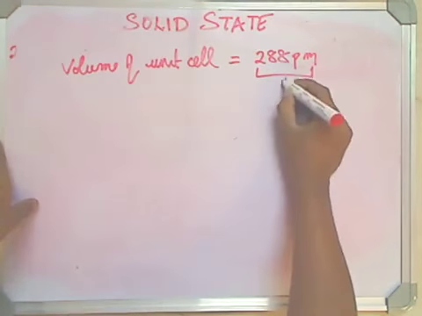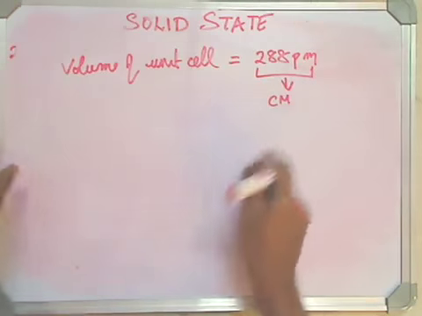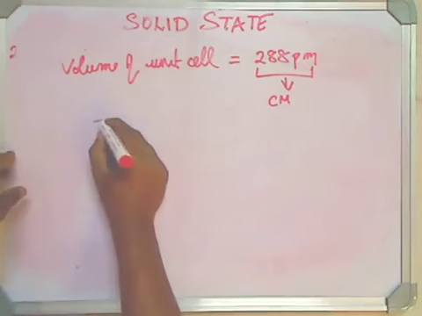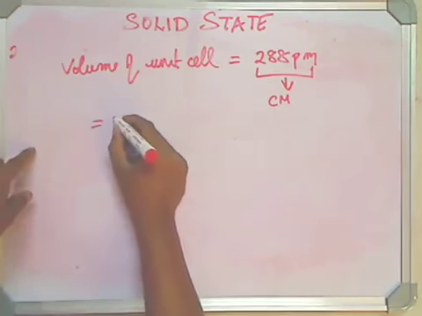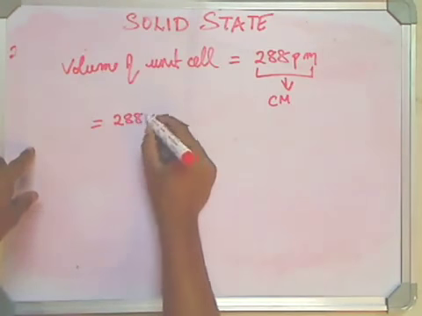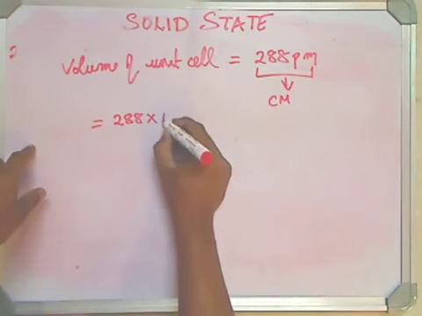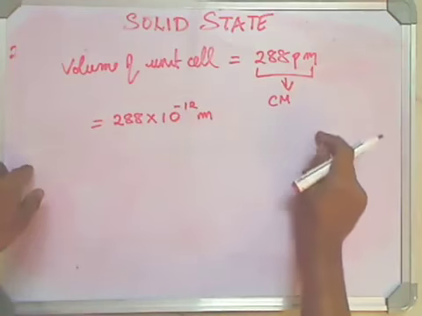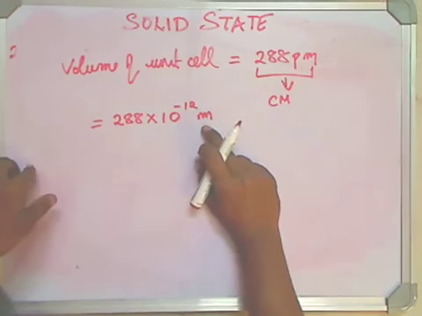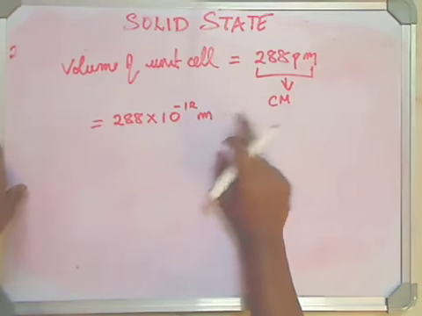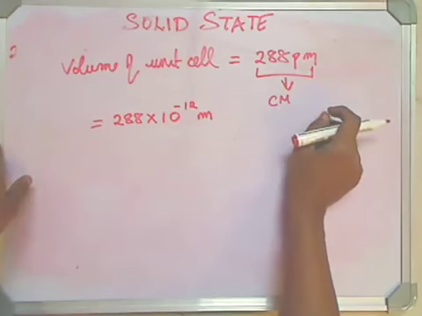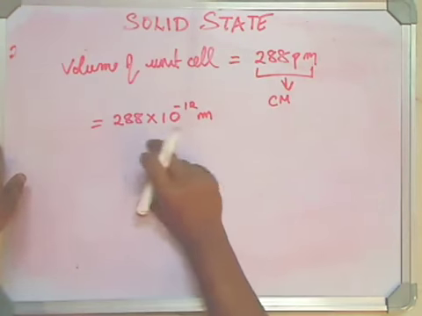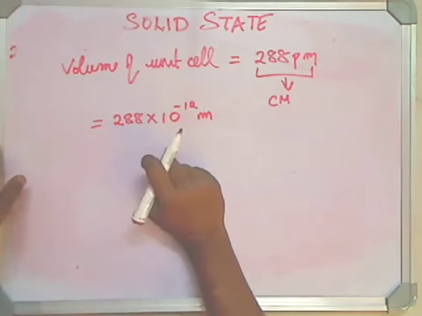When you convert this to centimeter, you first take it to meter. If you convert this to meter, it actually comes to 288 multiplied by 10 to the power of minus 12 meter. You can do this if you have a good understanding of the various units used for measurement. Micro, milli, if you are familiar with them, you can go about deriving these different values.